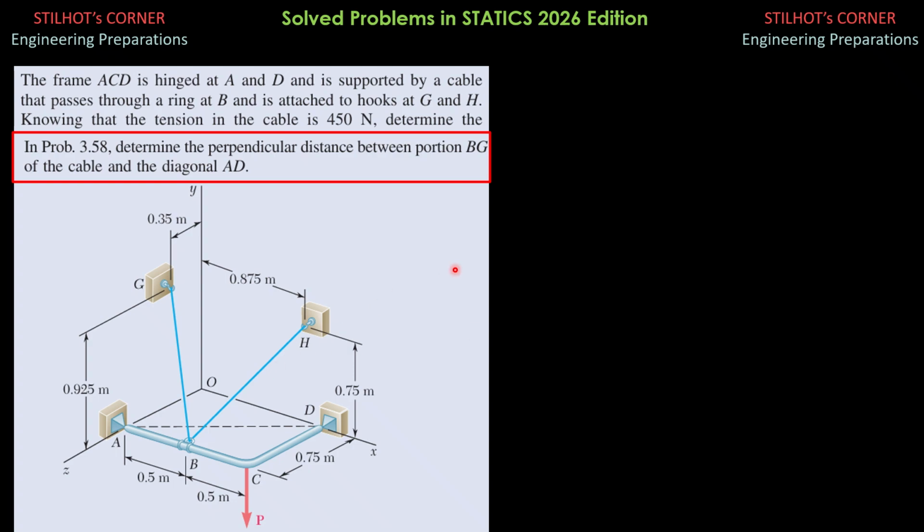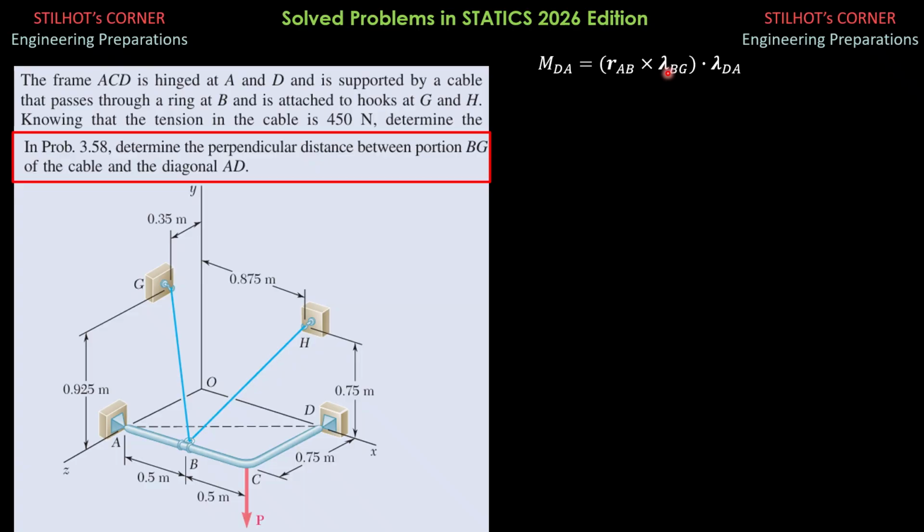So anyway, let's define a moment about axis DA to be positive if the moment is the position vector RAB. You can select DB, but it's simpler if we have RAB cross the force, and the force is 1 Newton times the unit vector of BG.